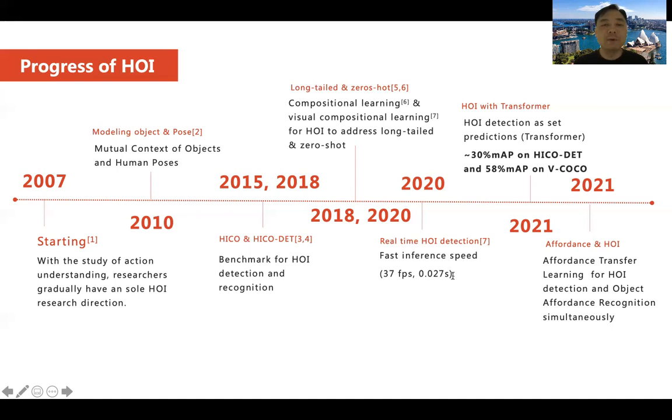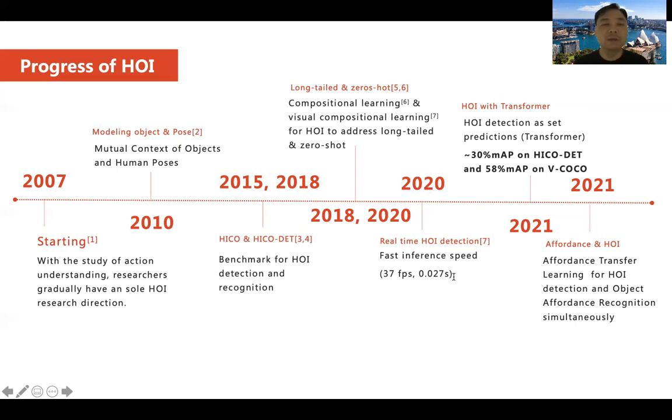Many approaches focus on action understanding from pose, body part, and segmentation information. Kato and Gupta proposed a compositional approach for HOI recognition in ECCV 2018. They use an external knowledge graph and graph convolutional networks to compose verb-noun pairs for zero-shot HOI recognition.